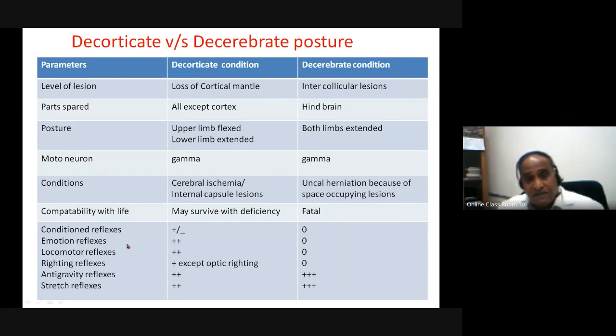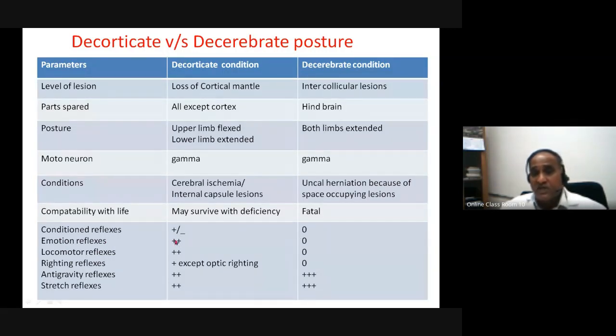Now, other aspects. Conditioned reflexes are absent in the decorticate condition. I have written plus minus because some books mention that, but for me it is not reasonable to say they are present; they are absent. Here they are absent. Emotional reflexes are exaggerated in decorticate, absent in decerebrate.